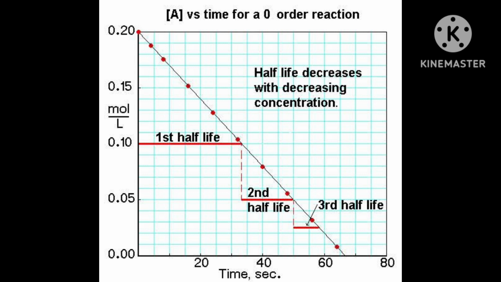For the half-life period, the value of R will be half of the initial concentration, means R is equal to R0 divided by 2. This is the only important thing.